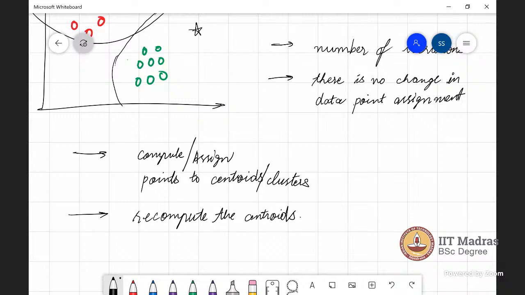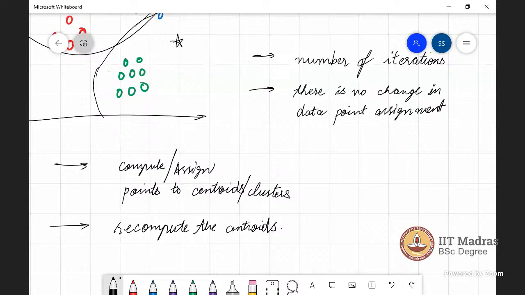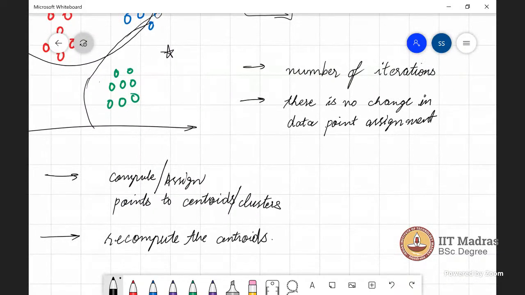You can keep doing this computation for a very long time, but if there is no improvement, you don't have to continue running your algorithm. That's why there is this stopping criteria. And second, you are on a budget. You cannot wait for a very long time for your algorithm to keep running, so you want to cap it off after some number of iterations. Right. Thank you, sir. Okay.